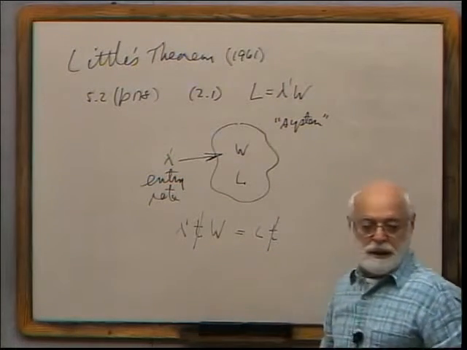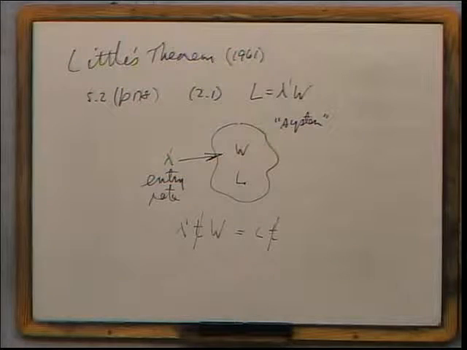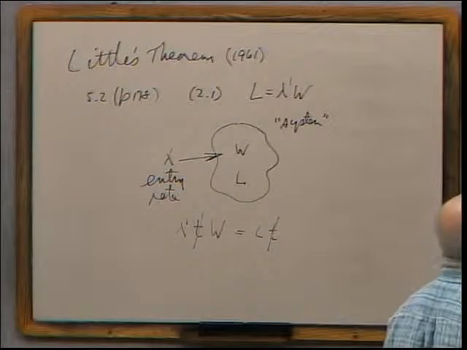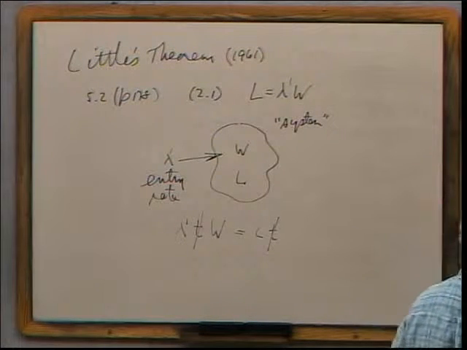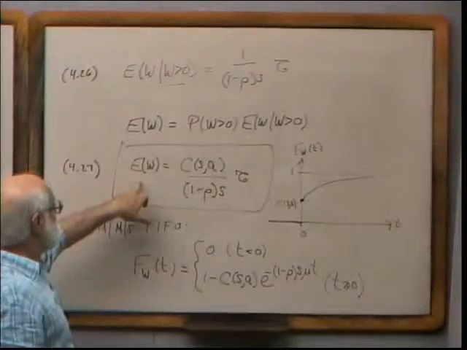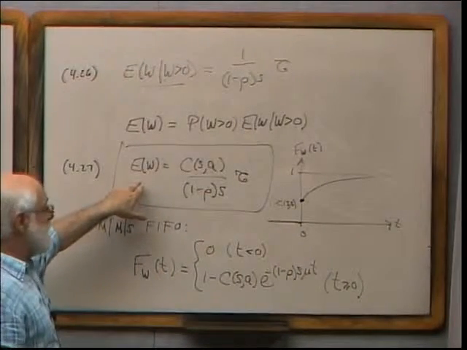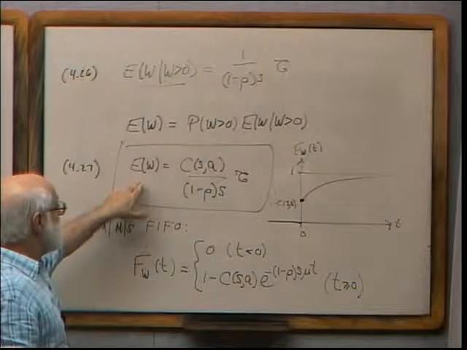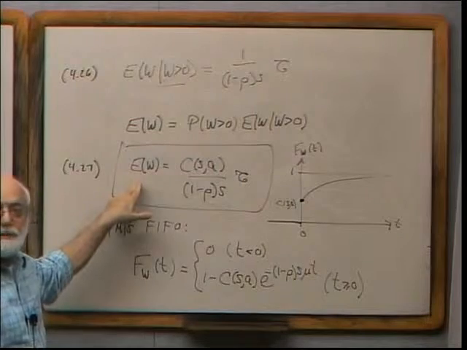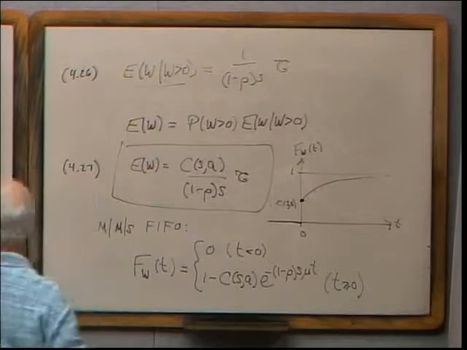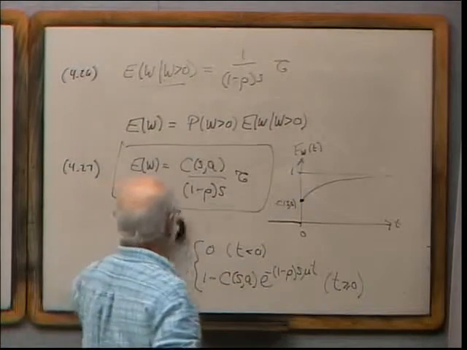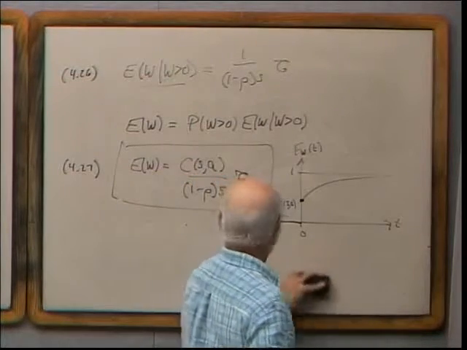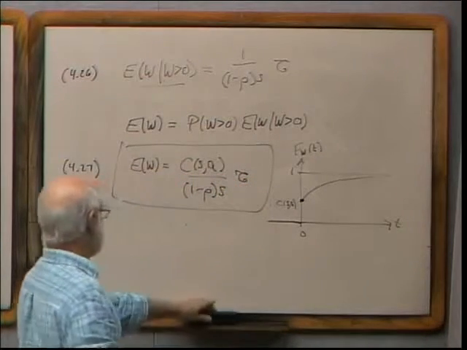Now, I want to apply this to some special cases. In particular, I'd like to apply it to the Erlang delay model right over here. So right here, for example, we have the average waiting time. We have a formula for average waiting time. So now I'm going to apply Little's formula to get a formula for the average number in Q. Let me call this average Q length.